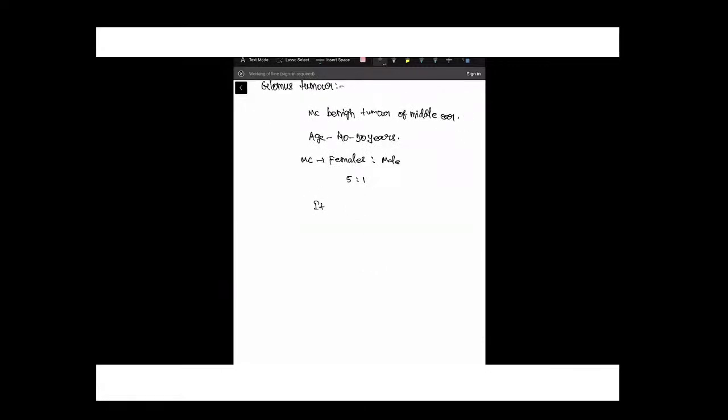This tumor arises from the paraganglionic cells, the glomus body.